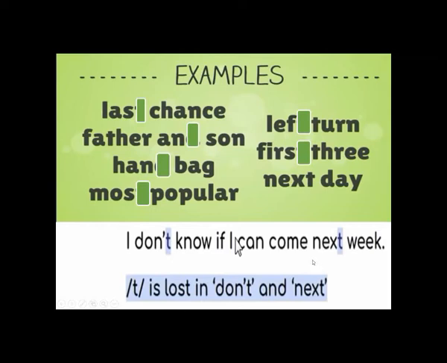If I want to read this sentence word by word, I will say it like this. But if I want to speak it faster, in normal speech, we will omit the t here and in the next. So, I don't know if I can come next week. We omit t here and here.